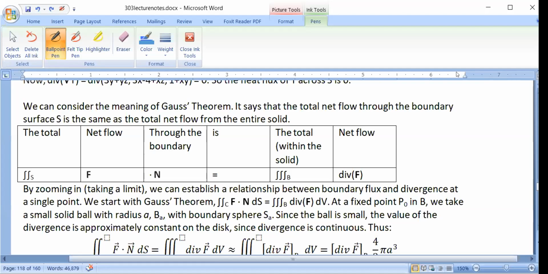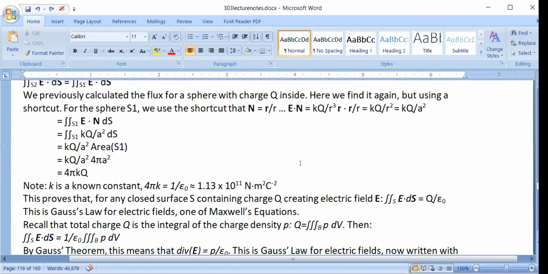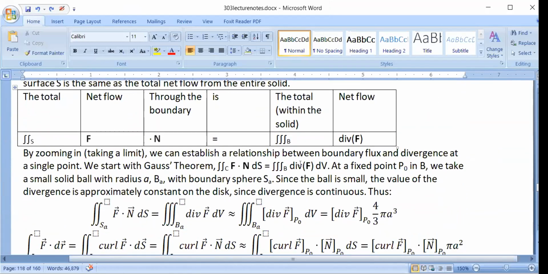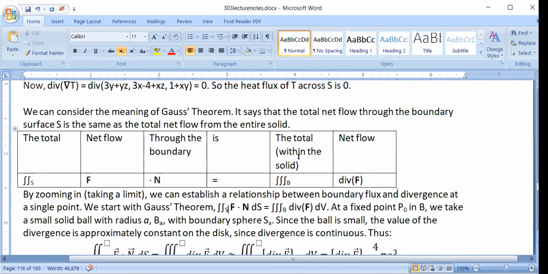Now there's another way to think about the meaning of Gauss's theorem if we just zoom in on a single point. Let's talk about what that means. So using Gauss's theorem, the double integral over the surface of F dot unit normal n dS is a triple integral of divergence of F dV.